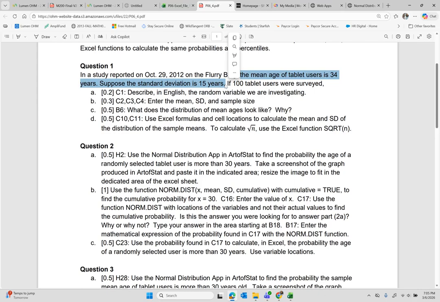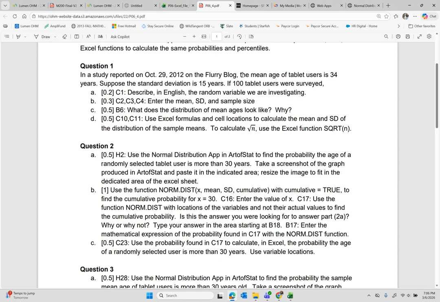Usually, in populations, ages, heights, natural phenomena appear in a normal distribution setting. So here they have not told us exactly that the population follows a normal distribution.